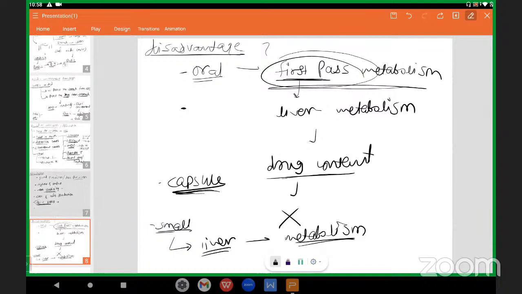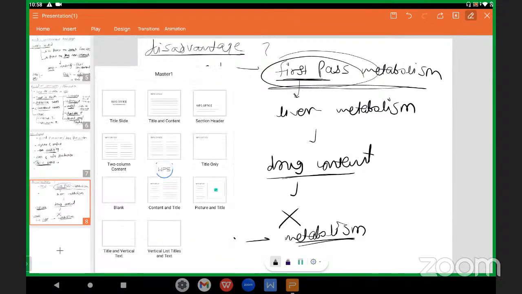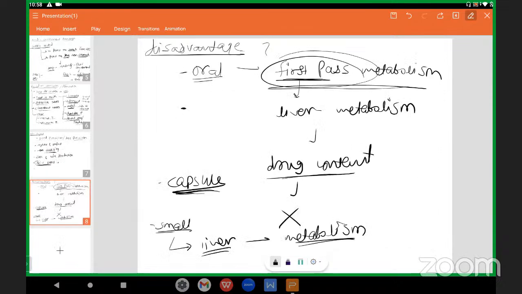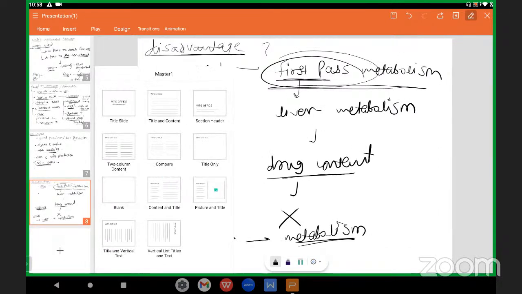Okay, next one. Whenever you want to prepare the ideal tablet, a good tablet, what should be the properties? General properties and ideal properties of tablets, just write it down. Compressibility. Exactly, it should be compressible. मतलब जो मटेरियल आप यूज कर रहे हो that should be compressible.